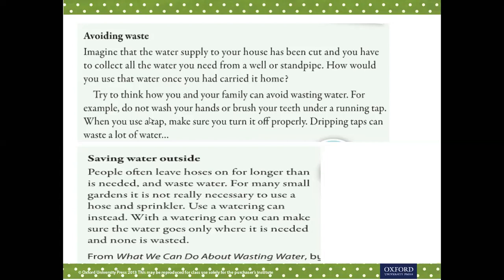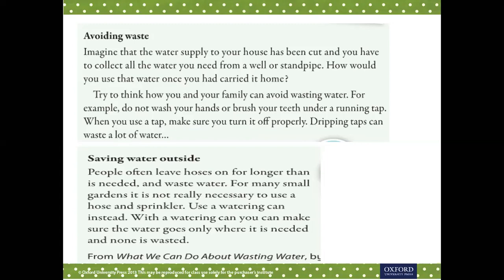When we use a tap, make sure you turn it off properly. Dripping taps can waste a lot of water. So what does tap mean? It's the place in the toilet where we wash our hands, where the water comes from. Oh, I understand. Good.